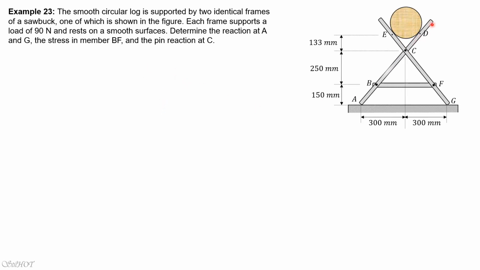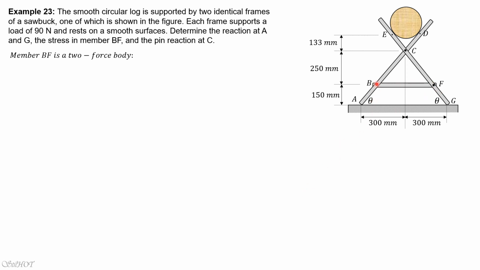So this is the figure, and since there are two frames, one is shown and each frame supports a load of 90 newtons, so therefore that's the net load for this one frame here. Let's call this angle theta, which is also equal to that angle there. Member BF is a two-force body because the weight of member BF is not included.